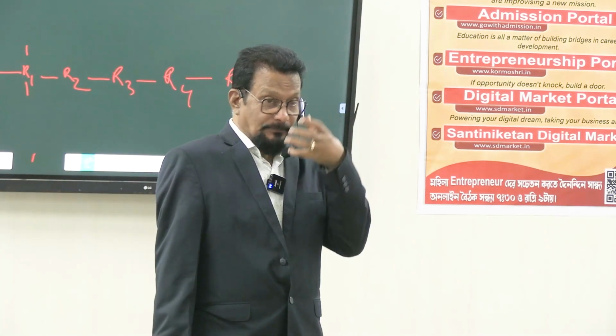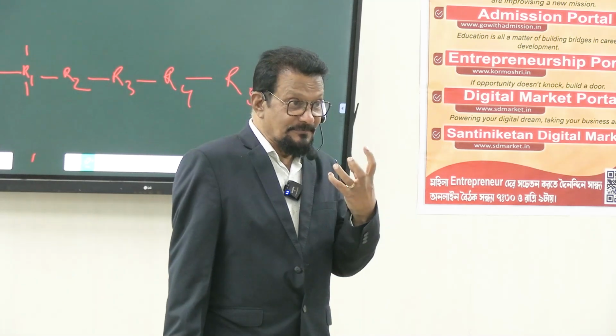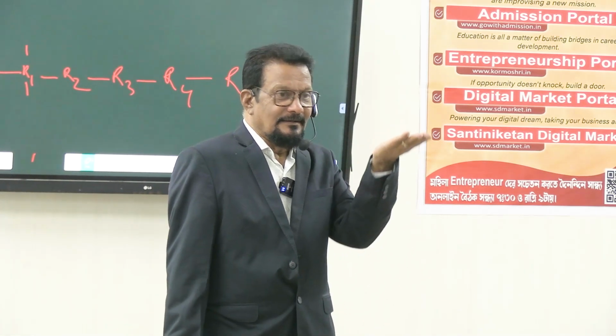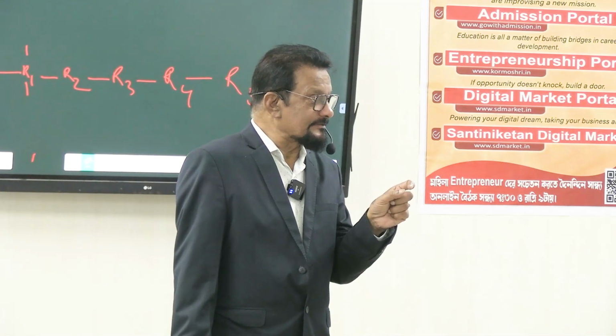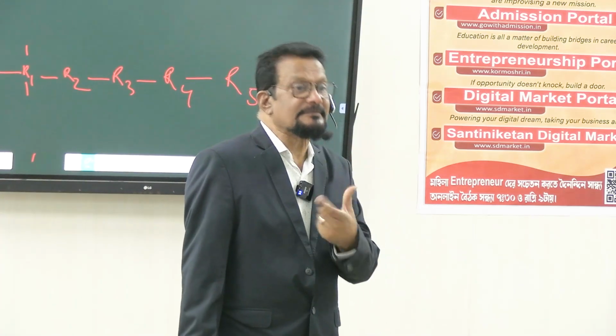So when salivary amylase enters the stomach, it will face acidity, and as acidity increases, it loses its activity. The pH range in which it acts is very narrow, but for the pancreatic one it is much wider.